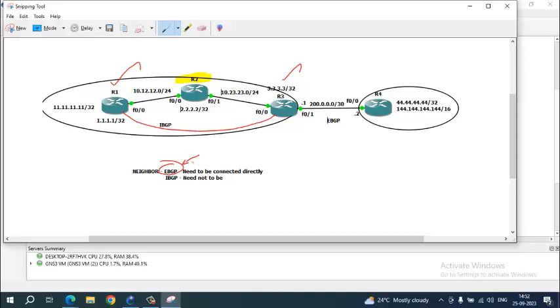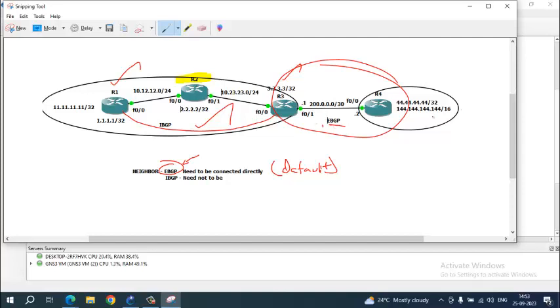I'm saying not possible. It doesn't mean that it is not at all possible. By default, here I can form a neighbor even though they are not connected directly, which is not possible by default when it comes to eBGP.